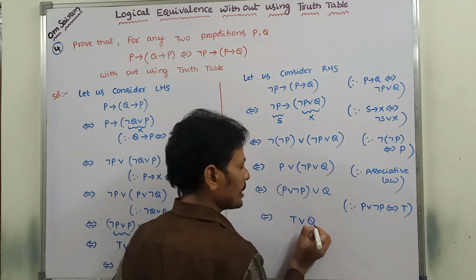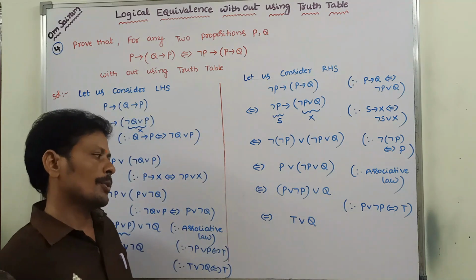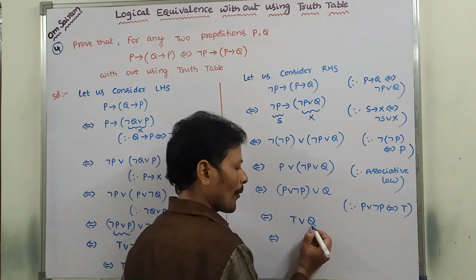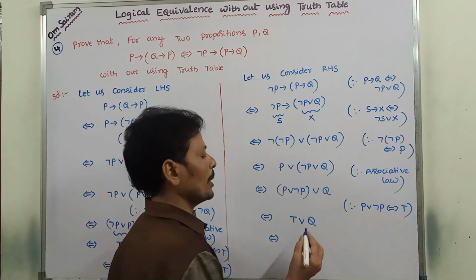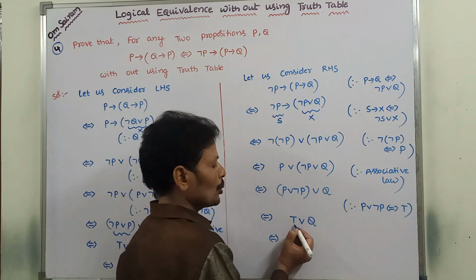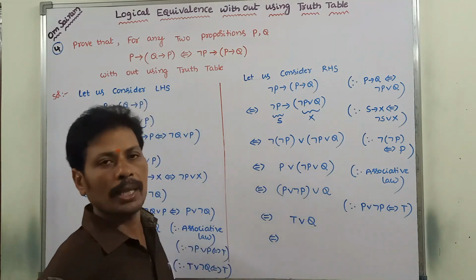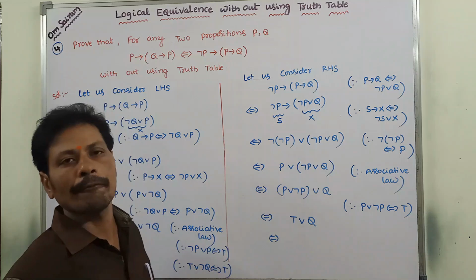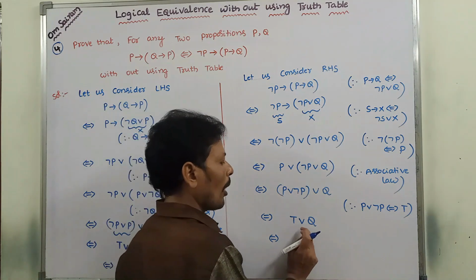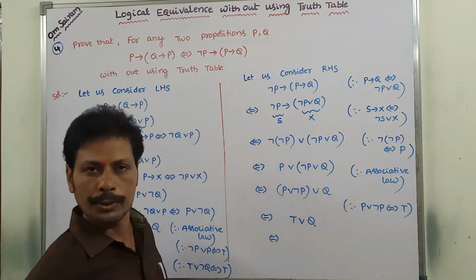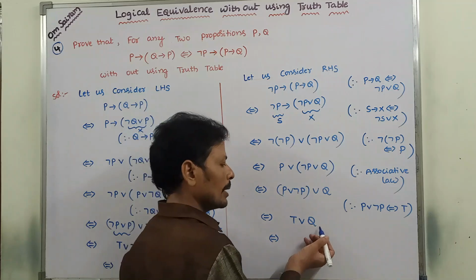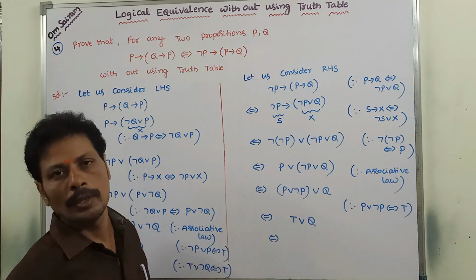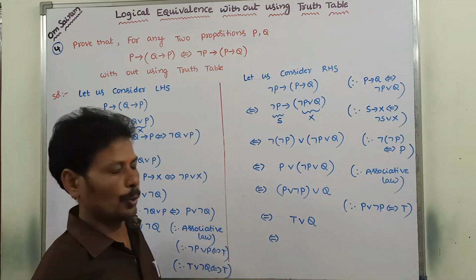So remaining is Q. So what is the equivalent value? In the place of Q, we are substituting true value. True or true is nothing but true. In the place of Q, we are substituting false value. True or false is nothing but true. So whatever the truth value we substitute in the place of Q, we are getting only true value.